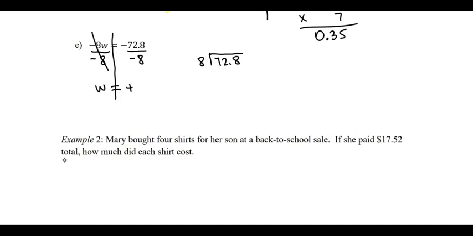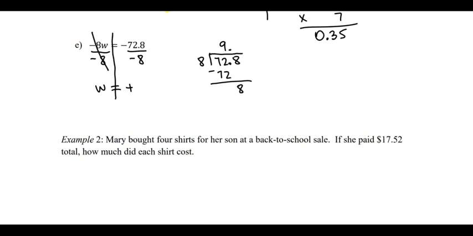72.8 divided by 8. So 8 goes into 72 9 times. 72, all right, so we have a 0. We still have another digit, so we're going to bring the 8 down. So I can actually erase that 0. 8 goes into 8 exactly 1 time.